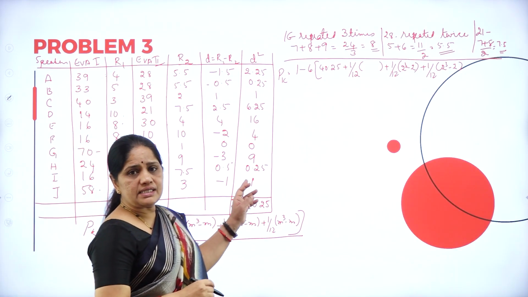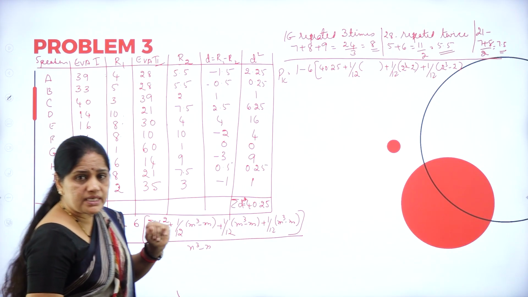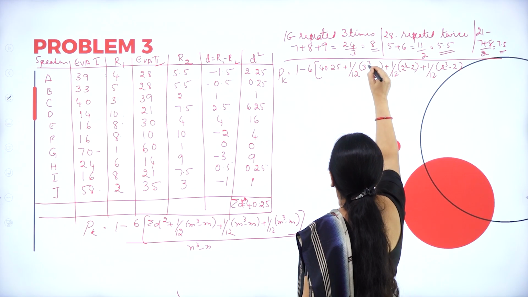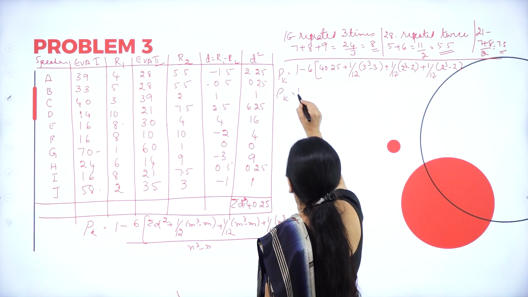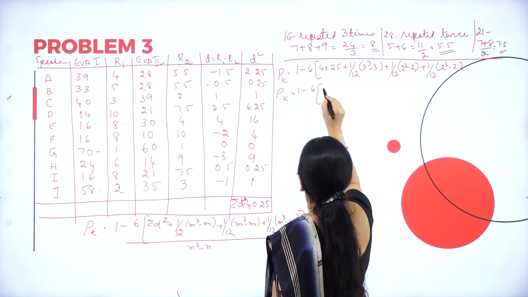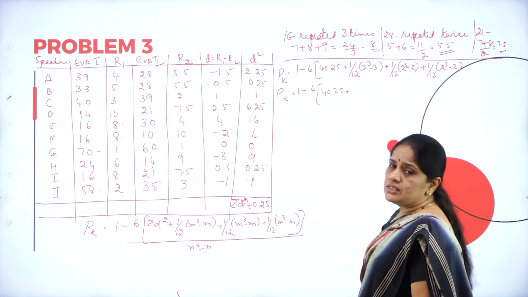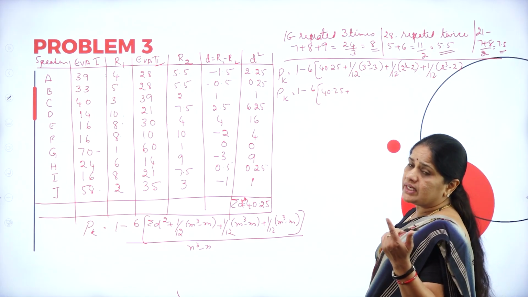So here if you can see in this given data, 16, 16, 16, 3 times it has been repeated. So I will write here 3 cube minus 3. So the next step will be 1 minus 6 into 40.25 plus, so 3 cube minus 3, 3 3s are 9, 9 3s are 27.